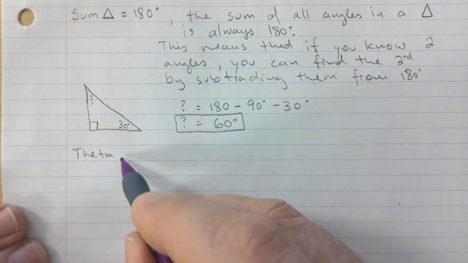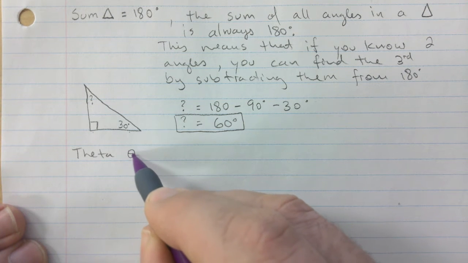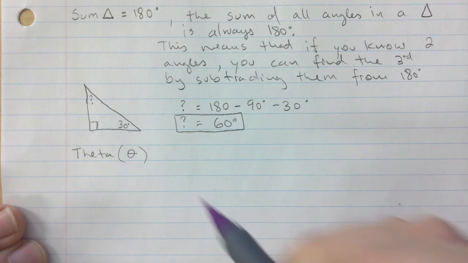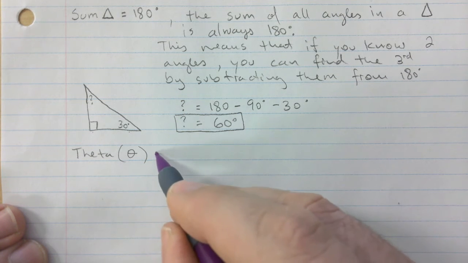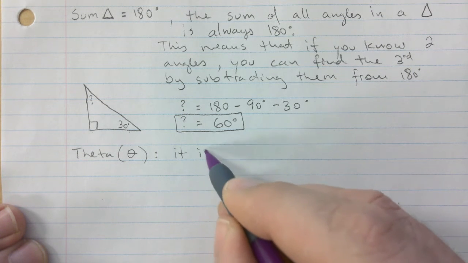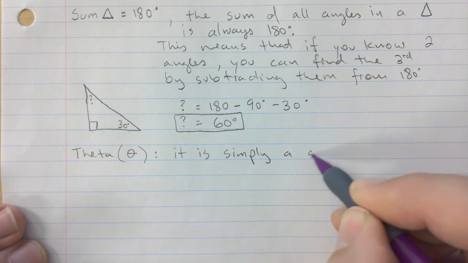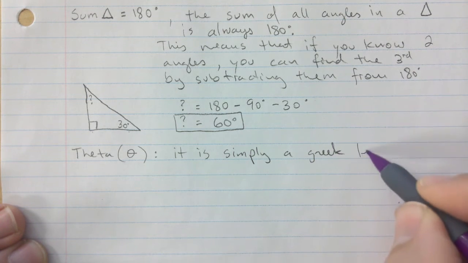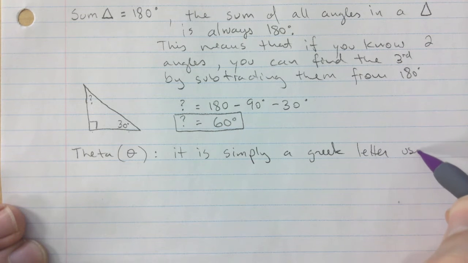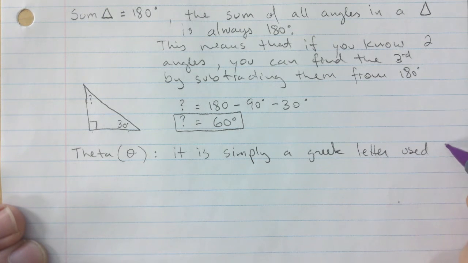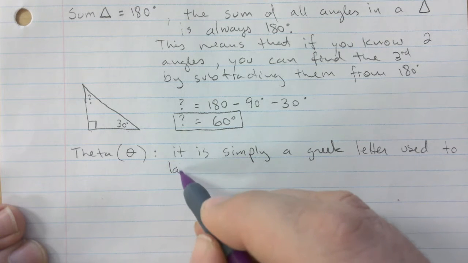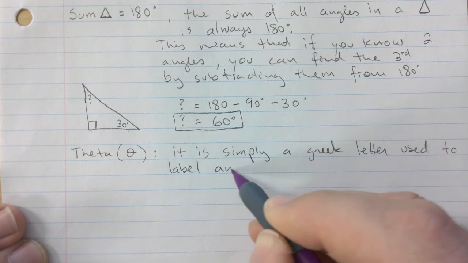Theta is usually a symbol like this. Okay. It is simply a Greek letter used to label angles.